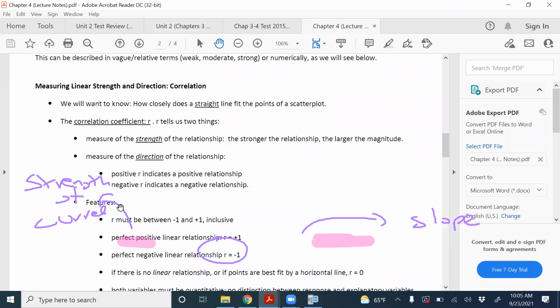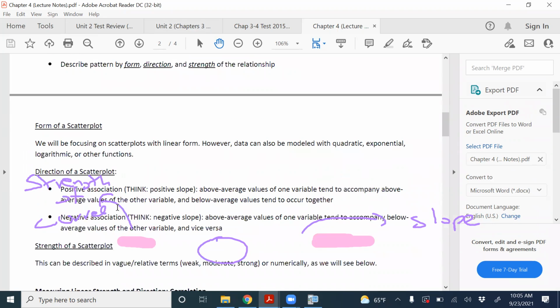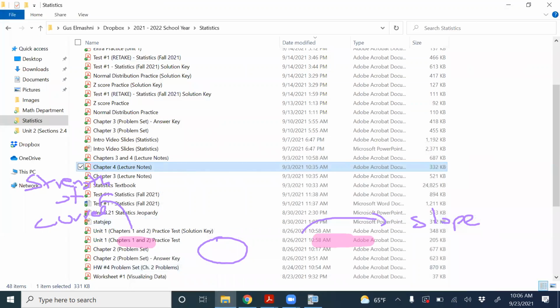So that's really the two things we care about. And the form, of course, is linear. We know that. So it's definitely a line, positive slope, and looks pretty strong. So let's keep moving here.